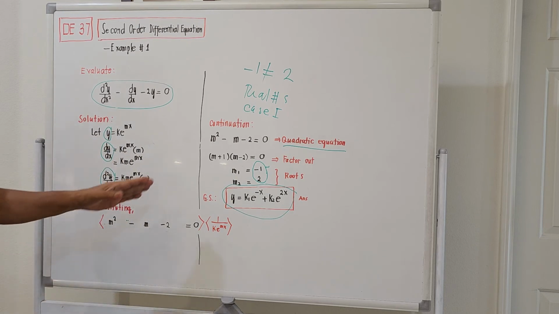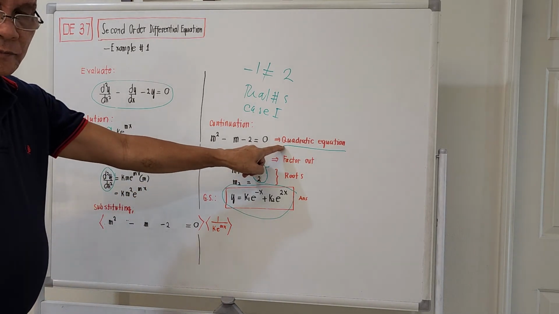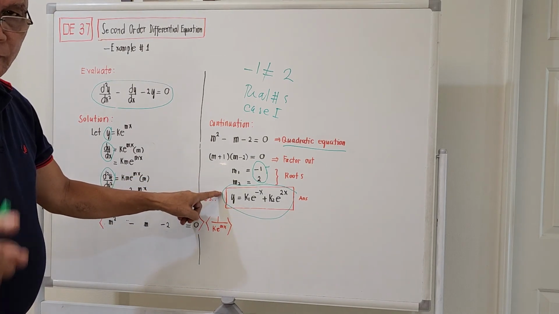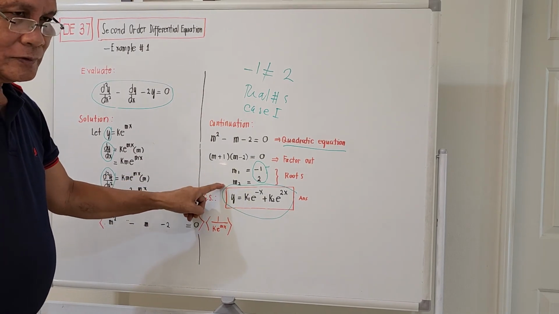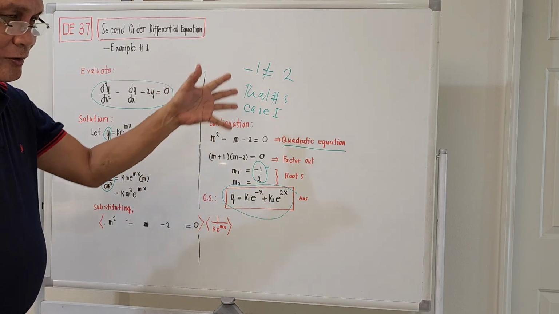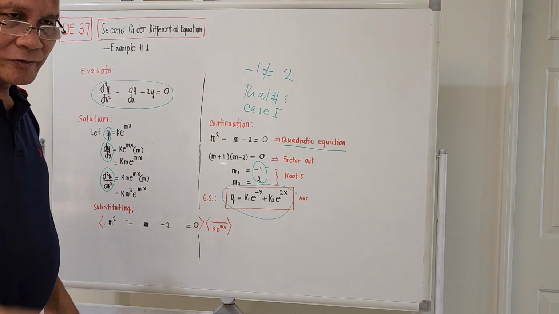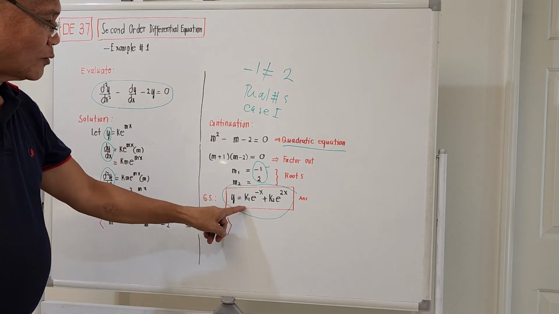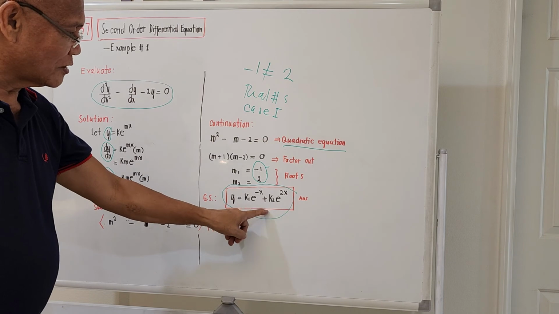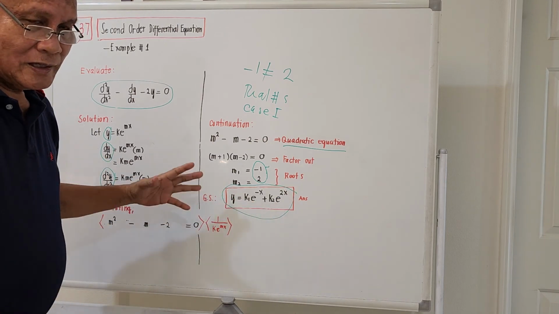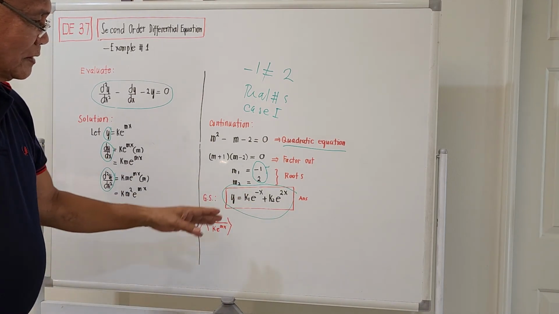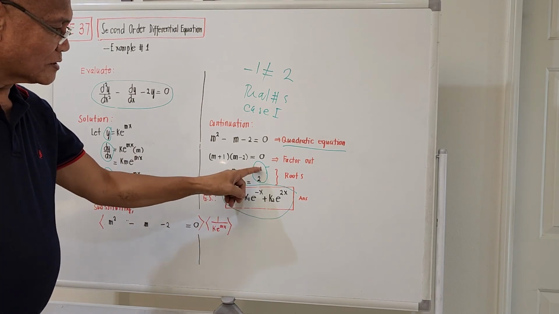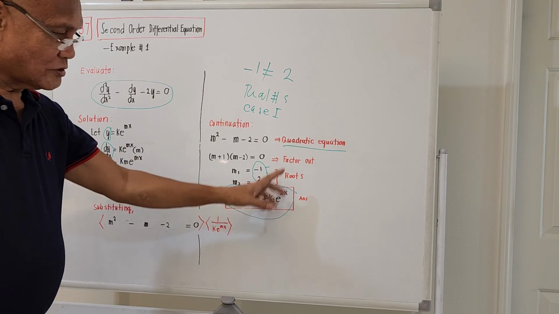What will come out is a resulting quadratic equation involving the unknown values of m1 and m2. After computing m1 and m2, just recall the formula for the general solution of case number 1: y equal to k1 e raised to m1x plus k2 e raised to m2x. And after the substitution, the final general solution will be y equal to k1 e raised to minus x plus k2 e raised to 2x.